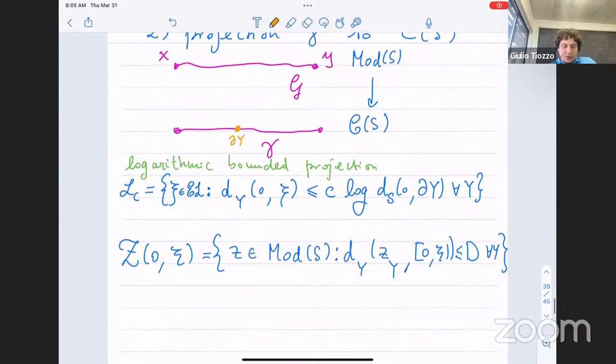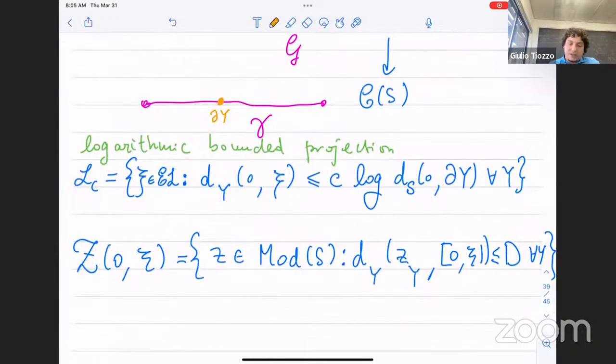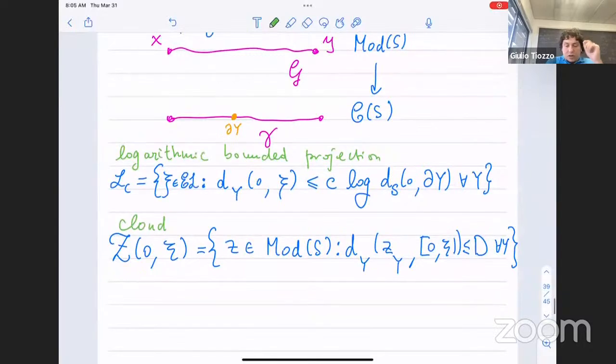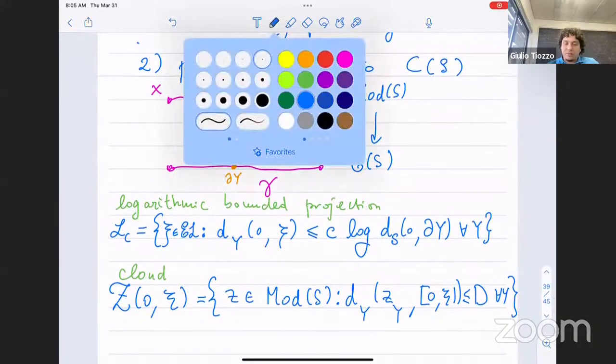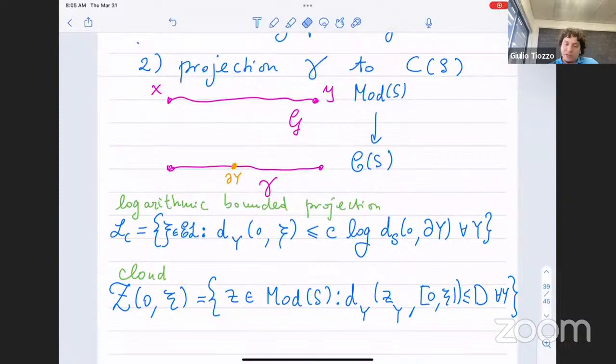Also, we have this other notion of cloud. So I think we call this a cloud. If you have a point in the mapping class group, there's some notion, of course, of projection. So you can project not just to the big curve complex, but you can project to, I don't know, the curve complex of Y, for instance, where Y is some other subsurface.